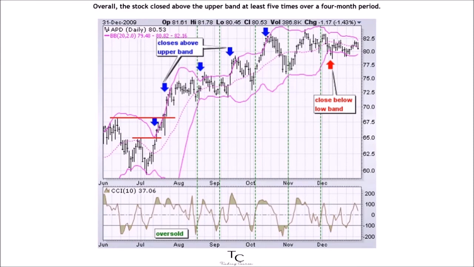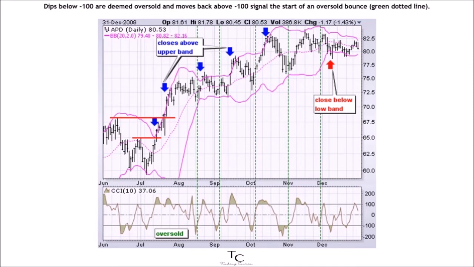Overall, the stock closed above the upper band at least 5 times over a 4-month period. The indicator window shows the 10-period Commodity Channel Index, or CCI. Dips below -100 are deemed oversold and moves back above -100 signal the start of an oversold bounce.